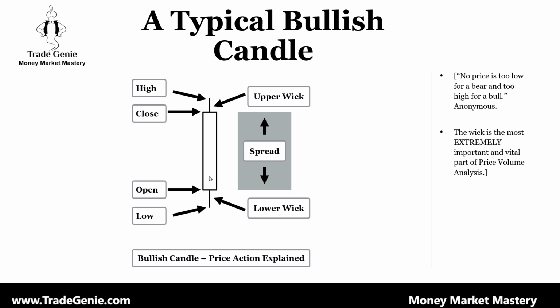Is it open at 100 and close at 110, or open at 100 and close at 120? We don't know the meaning of this spread. So it's all relative. It could be a $10 open and a $10.20 close. It's only 20 cents, but we are giving a meaning that this is a white candle, long candle, bullish candle.